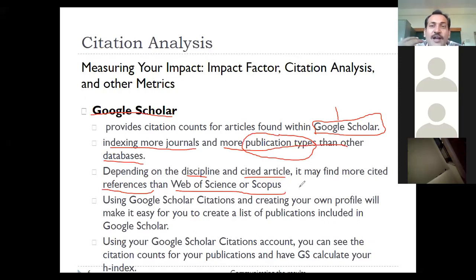We will see what these citations are and how citation analysis is carried out. We will see a little bit of detail of these things. Now, using Google Scholar citations is usually relatively easier, right?